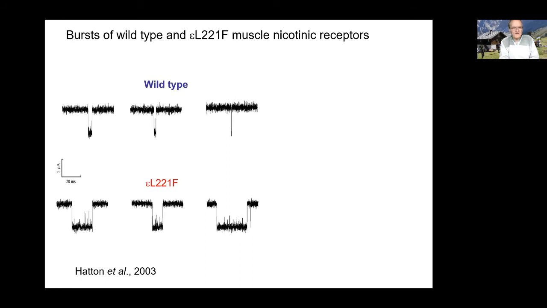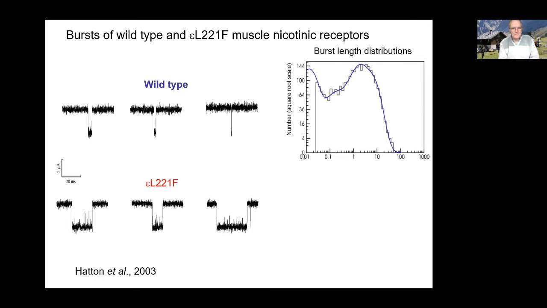We can also fit things like the distribution of the length of bursts of openings, these whole bursts, including the shortest shuttings, of which there are quite a lot here. In a wild type receptor, it looks something like this. You can see there's at least 3 components, probably 4 or more.